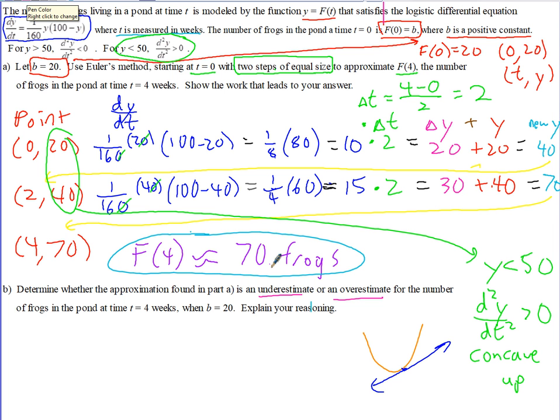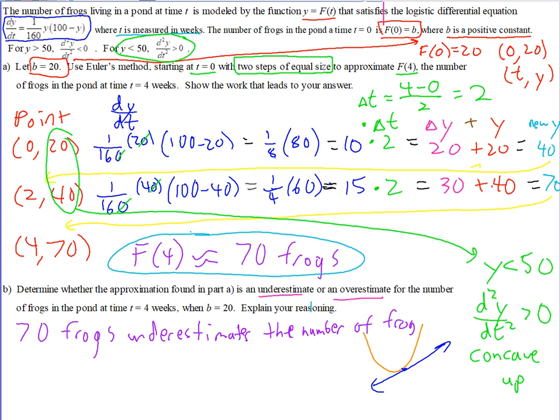We can say, in this case, our answer underestimates the number of frogs in the pond at 4 weeks. Just using the same word here, just turning it into a statement.